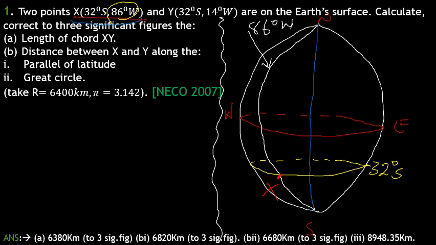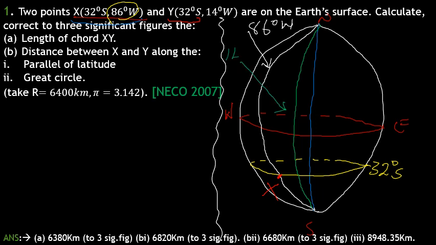Point Y, 32 degrees south, is the same, so you don't need to redraw it. And the longitude is 14 degrees west. We make it this way, 14 degrees west.